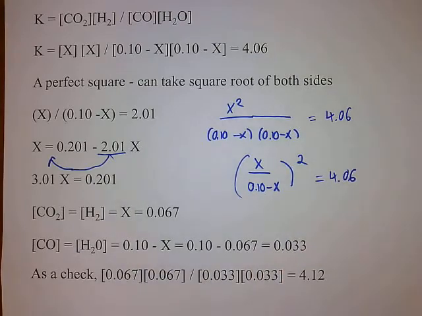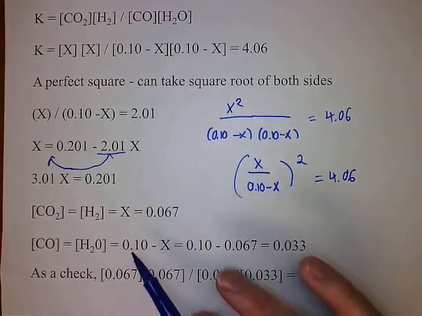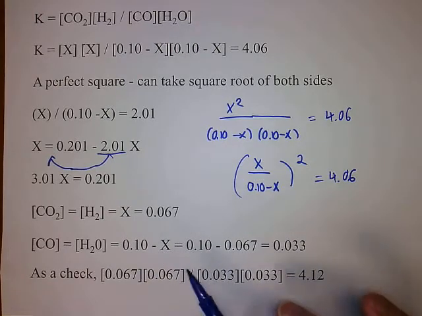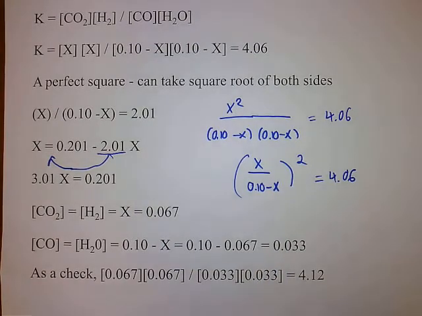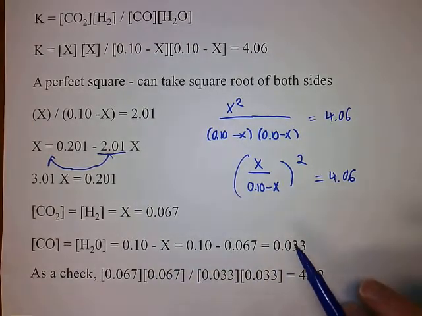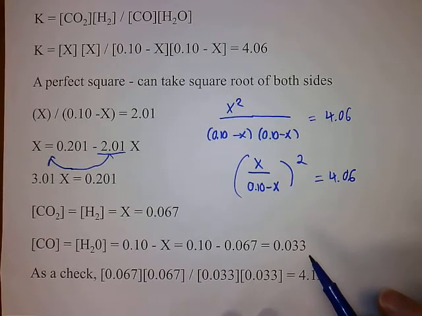Because the product concentrations go up and the reactant concentrations go down. So 0.10 minus x is 0.10 minus 0.067, which is 0.033.